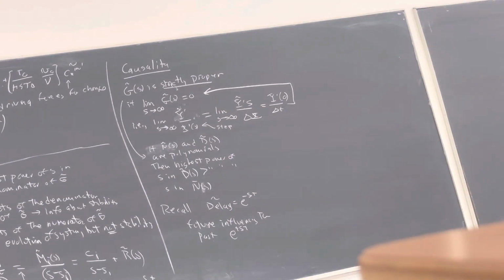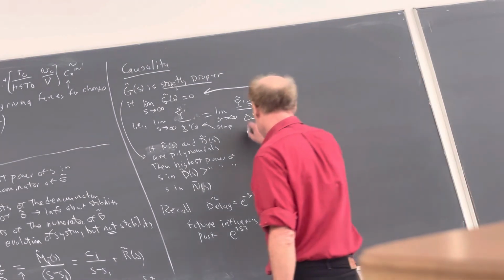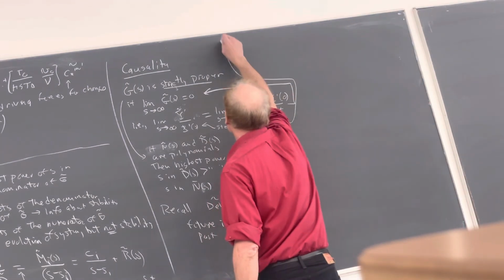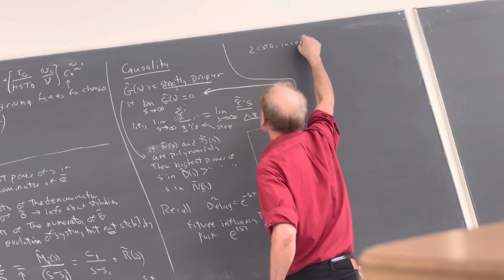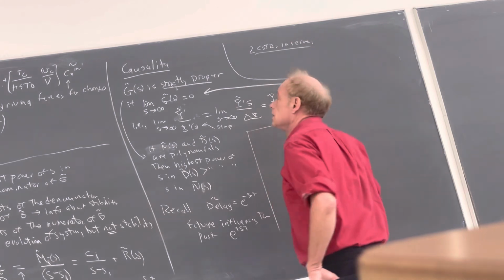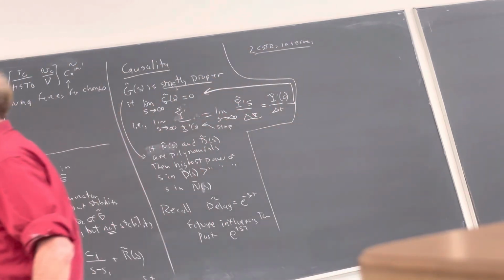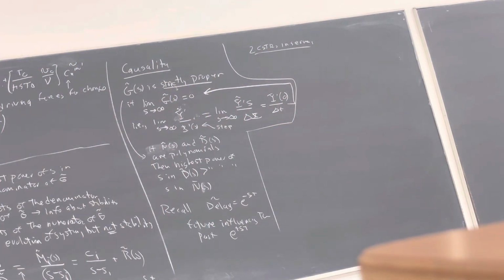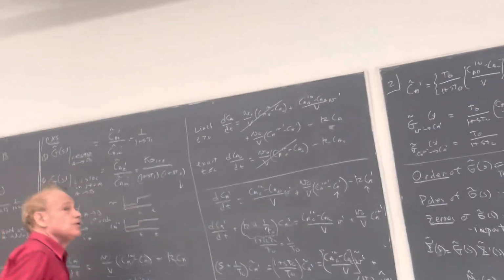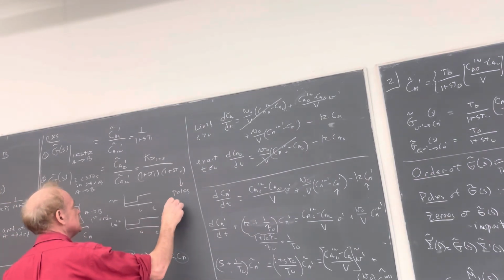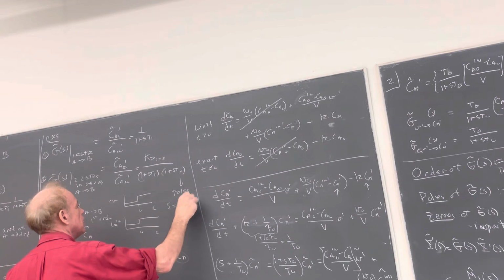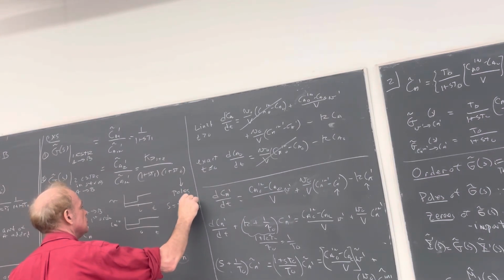Okay, so again, let's just look at a simple example. Let's look at the two CSTRs in series. We know that G tilde, I have it over here, I know that the poles are s equals minus 1 over t1 and minus 1 over t2.